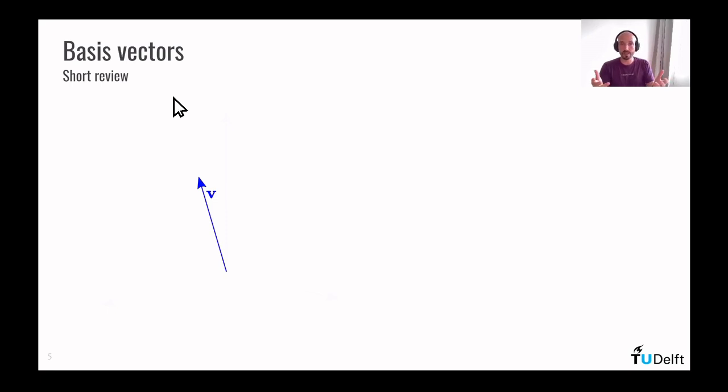It simply exists. But in order for us to represent any type of vector, it is convenient for us to write this vector in terms of known vectors.